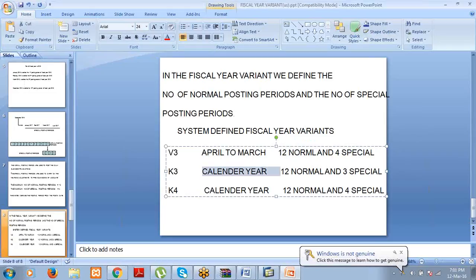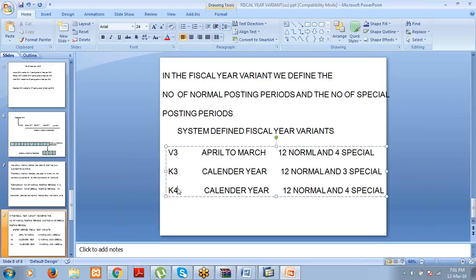K3, calendar year, means January to December, 12 normal and 3 special. Similarly, K4, calendar year, 12 normal and 4 special. Here, V3, K3, K4 don't have any meaning. They are the variants. It is the name of the object, nothing else.